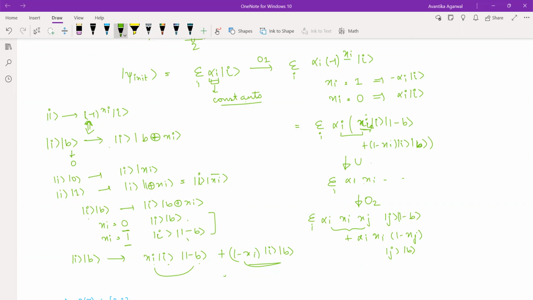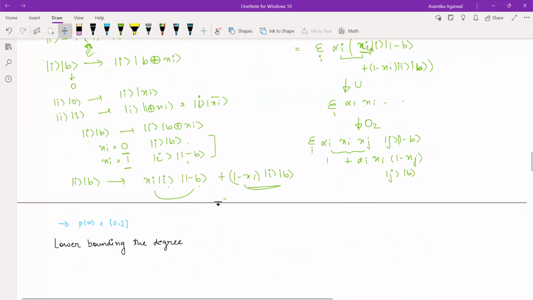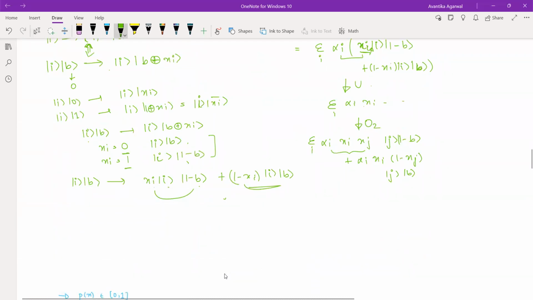By induction, we can say that after the t-th query, each of these polynomials, let's say we make t queries and this is our state after the t queries, then we would have sigma over i of p_i(x1 to xn) |i⟩.